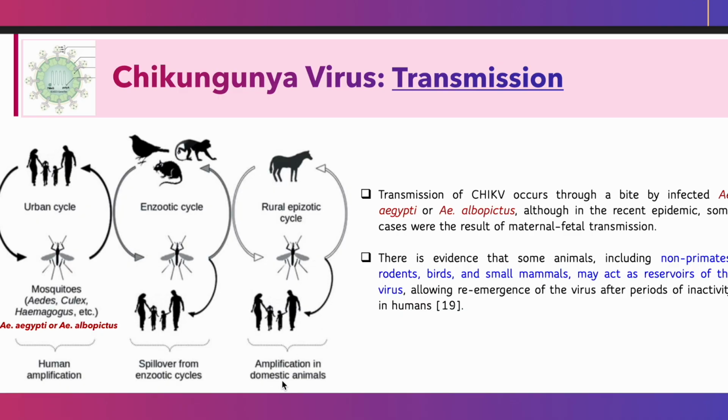So this is a domestic animal that can amplify the virus, and humans get infected because of the vector, like the mosquito.